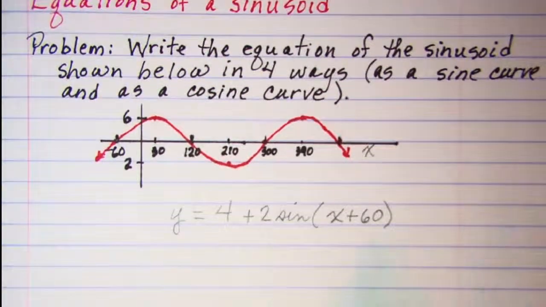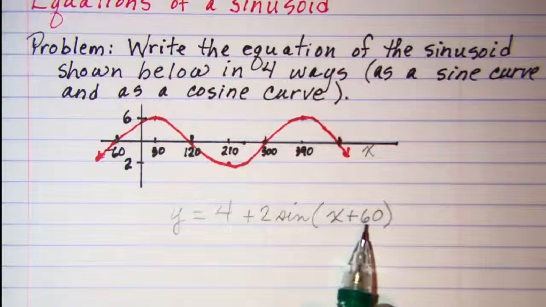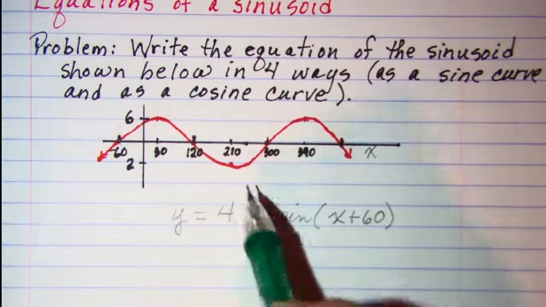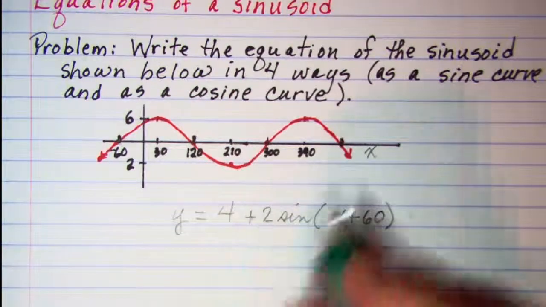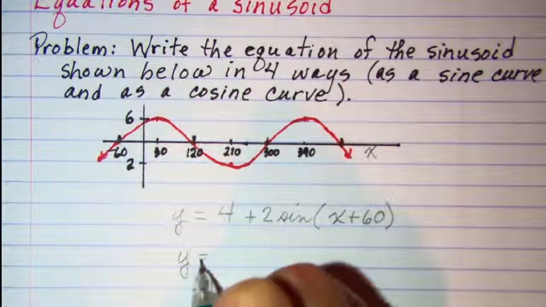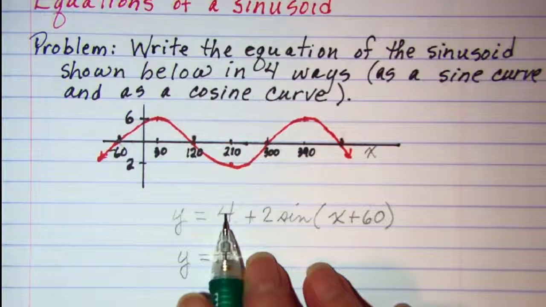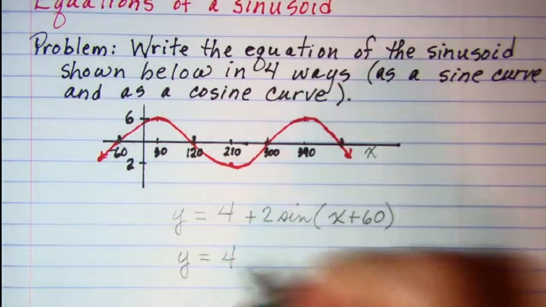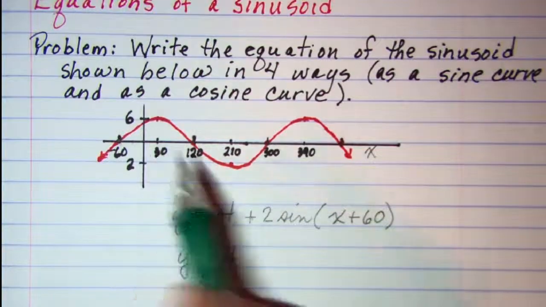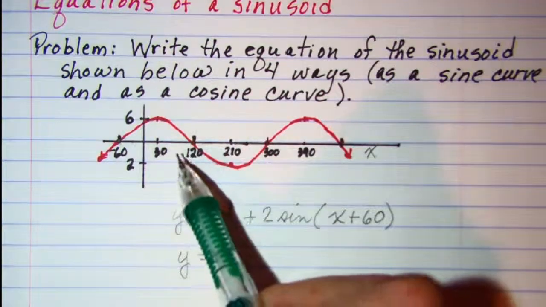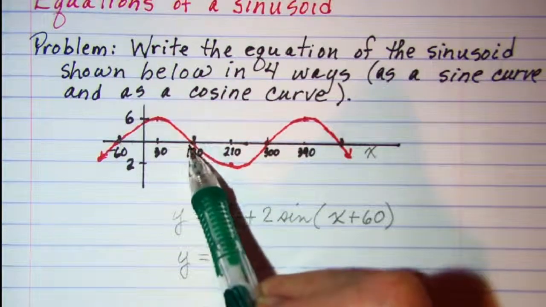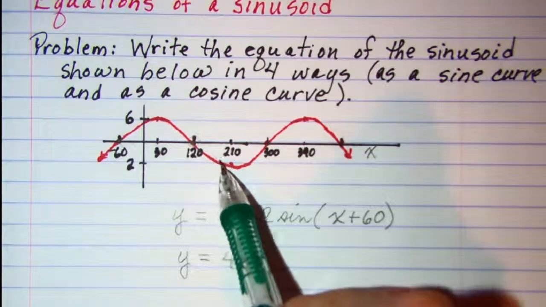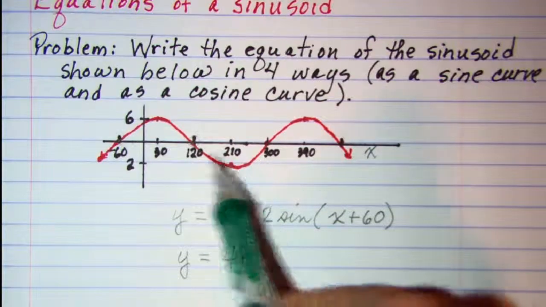Now I can also write it as a sine curve with a negative coefficient here. My center line will still be at 4, but I want a negative sine curve, which means that this would be my starting point because it would head down instead of heading up.